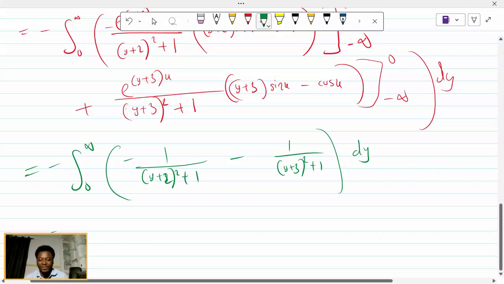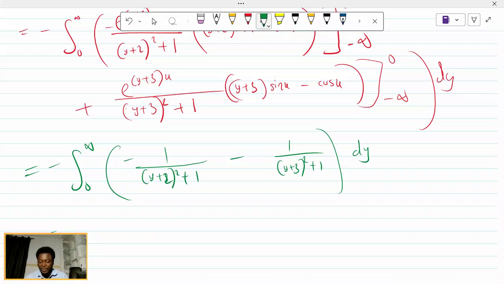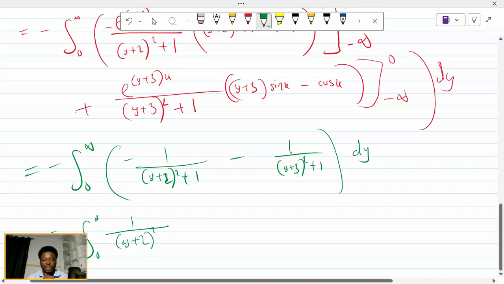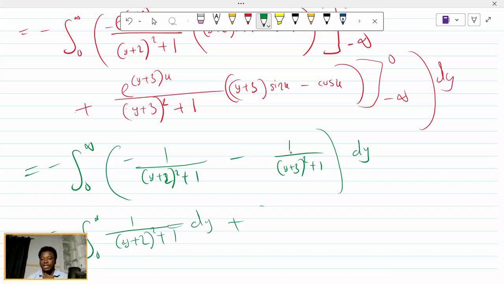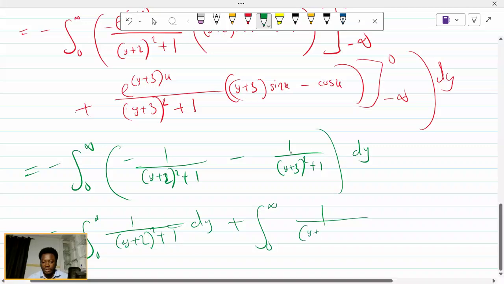Now we can solve this. Of course, the whole expression cancels out. So the first integral will be 1 over y plus 2 squared plus 1 dy, plus the integral from 0 to infinity of 1 over y plus 3 squared plus 1 dy.